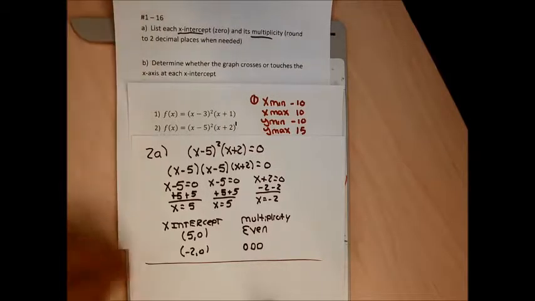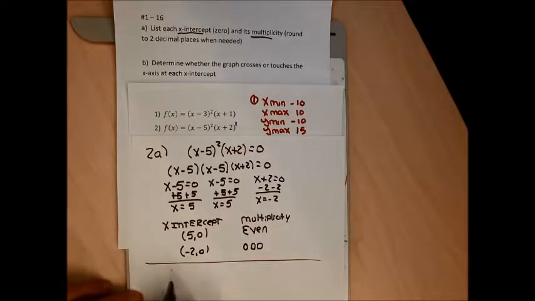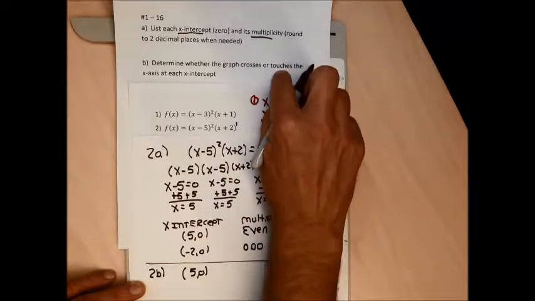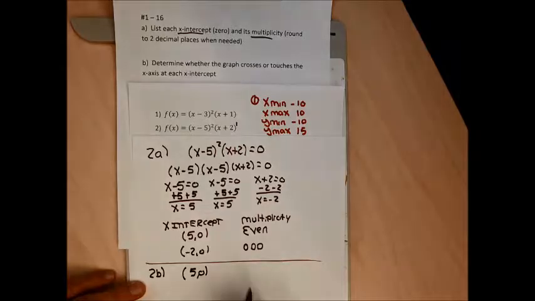So determine whether the graph crosses or touches at the x-intercept. For part 2b, if the multiplicity is even, the graph bounces off the x-axis, and that's what I'm going to use for the word touches the x-axis, meaning the graph will touch the x-axis but not cross the x-axis.